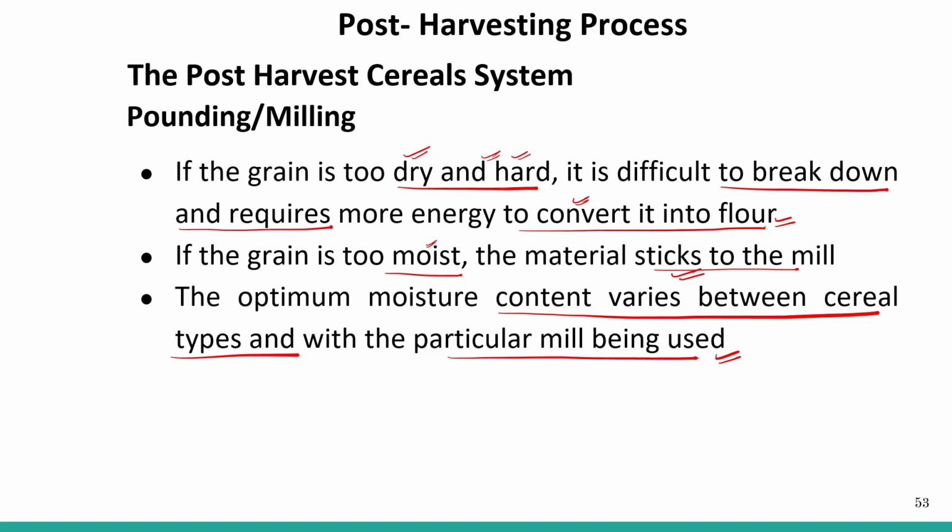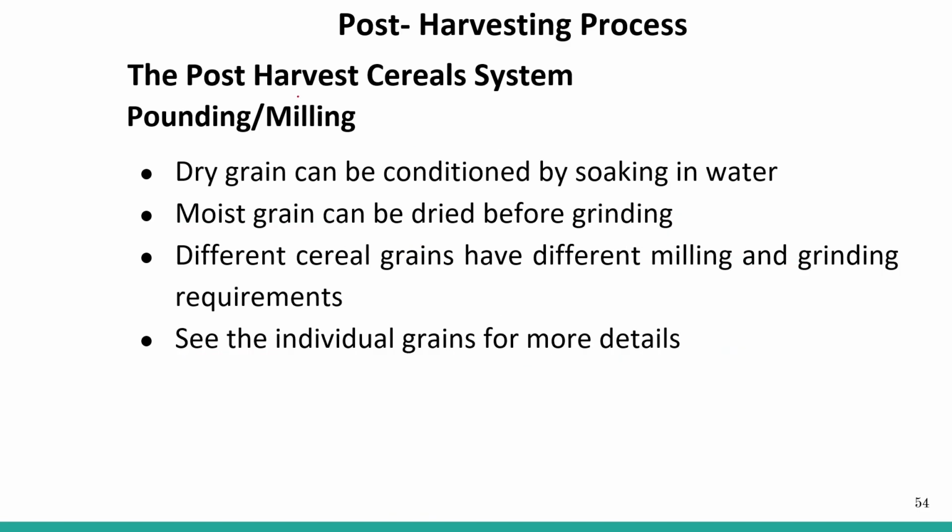So the moisture content should be reduced, and the ones which are very hard must contain a little bit of moisture. So according to the type of seeds and the type of mill, the cereals are chosen.